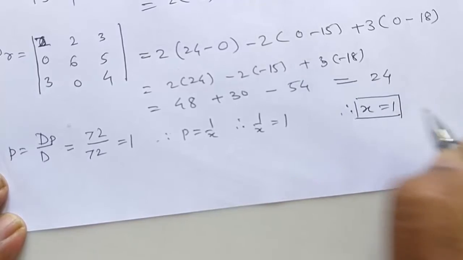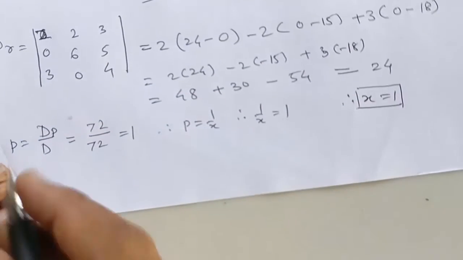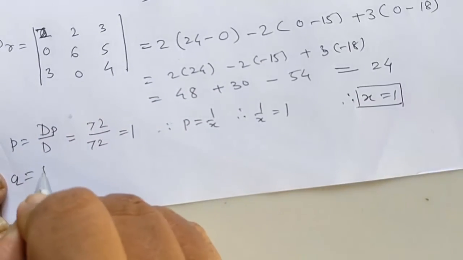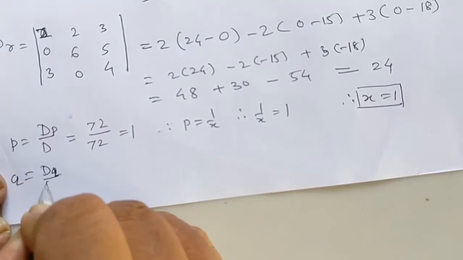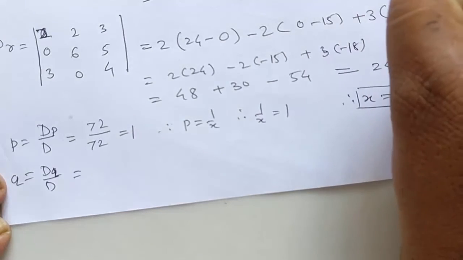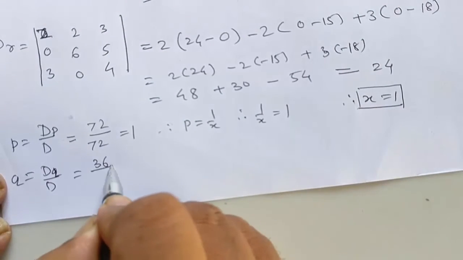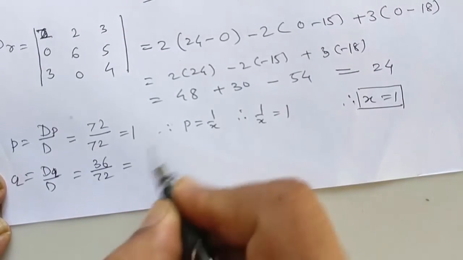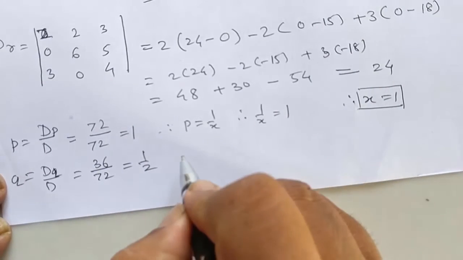We get the value of x is equal to 1. Q is equal to dQ upon D. dQ is 36, D is 72, so it is 1 by 2.